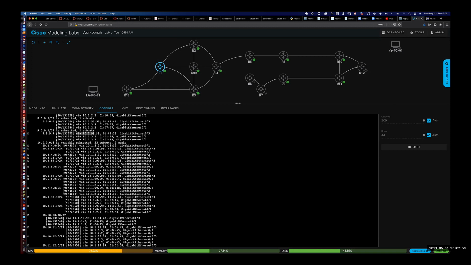And so these would be considered the successors. In other words, these are the next hops. And you'll notice that the cost, the composite metric, is the same for all 3 of these. So we've got 3 equal cost paths in order to get to this router 9 router, which is 9.9.9.9.